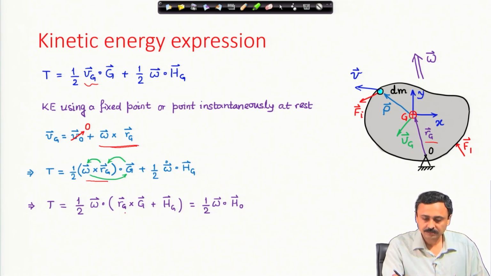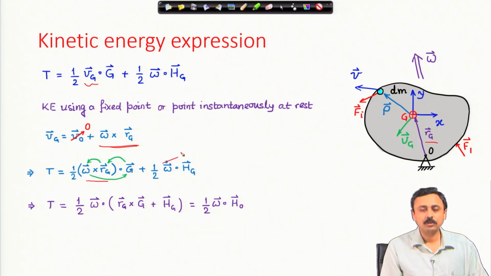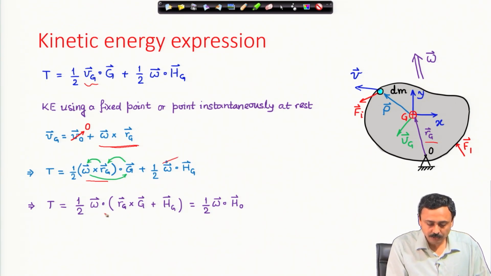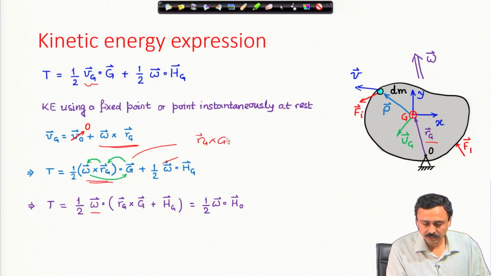Here there is a correction, there is no omega dot, this is a correction. Therefore, I can now pull out the omega from this term. This term becomes rg cross mVg dot omega, and this term is omega dot Hg, of course, 1/2 is there.